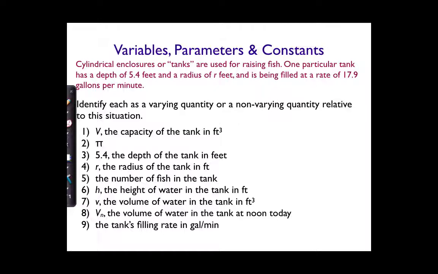And think about whether each one is something that's constant or varying. And then if there's a symbol in the number 1 through 9 that you're talking about, whether that symbol then qualifies it as a variable or a parameter, or if what you're looking at is just a known constant.